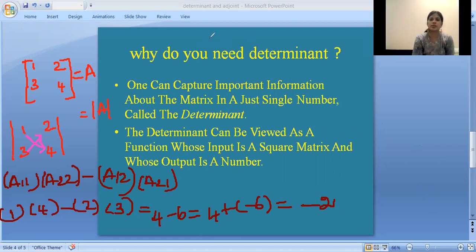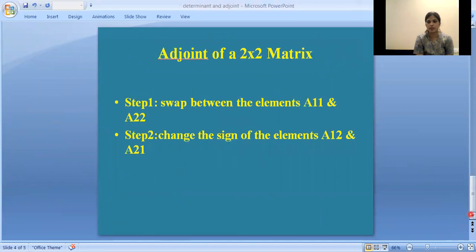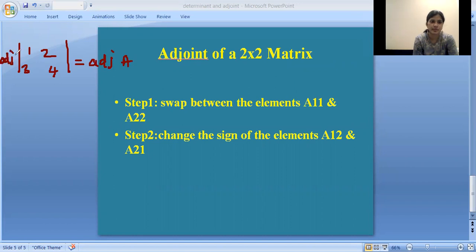Now we'll discuss the adjoint concept. I'm going to take the same matrix, 1, 2, 3, 4, and apply the adjoint to it.